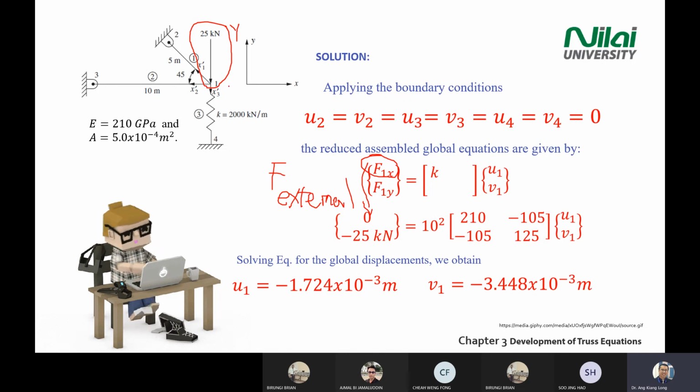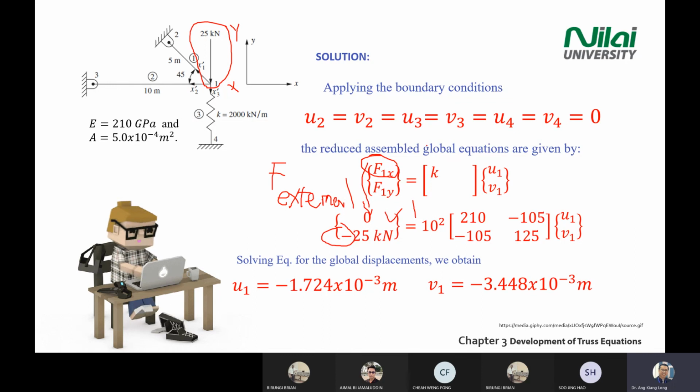There is no external force in the X direction. So your F1X is 0 here. Straight away you can write 0 for F1X. This one will score you 1 mark also when you write 0, meaning that you understand what is happening to the system. And be careful with the negative sign. Here, F1Y equals negative.